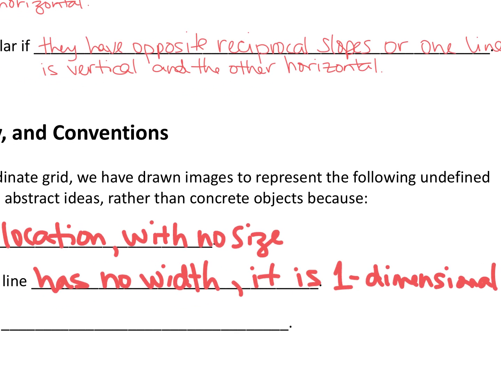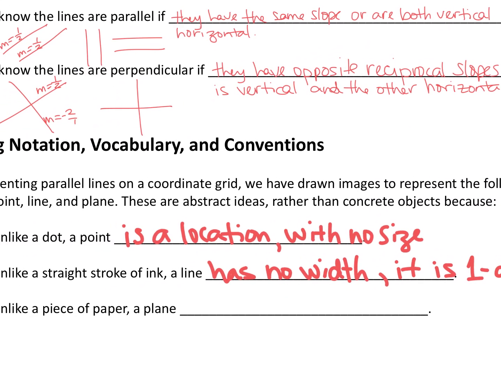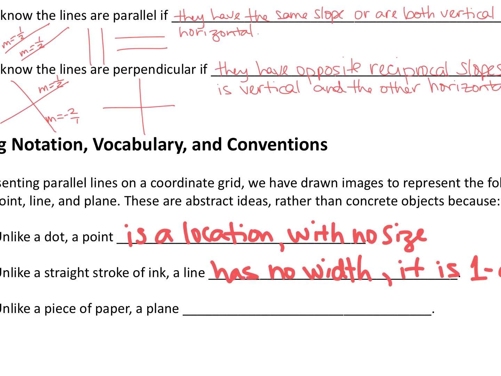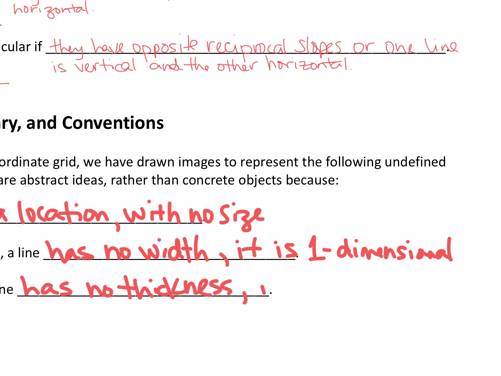And then our last vocab is a plane, which is unlike a piece of paper, because a piece of paper actually has thickness. A plane on a coordinate grid has no thickness. It is two-dimensional.